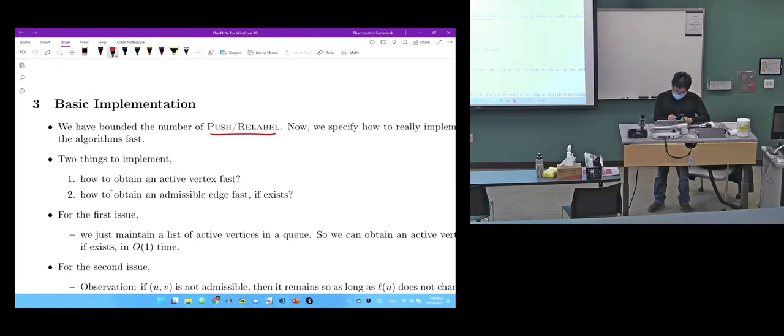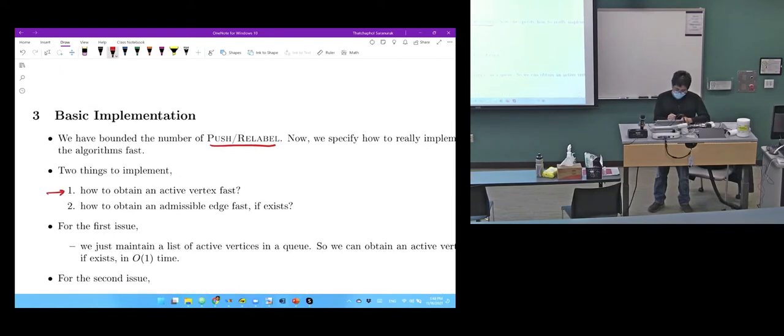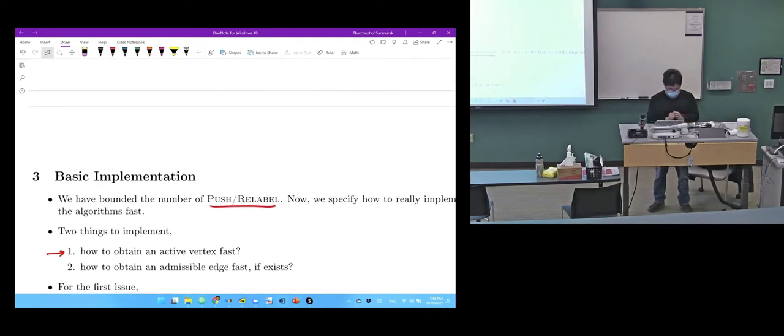Recall the main while loop of the algorithm: you just keep asking, give me the active vertex. So you need to get this one fast. We need some data structure for it.